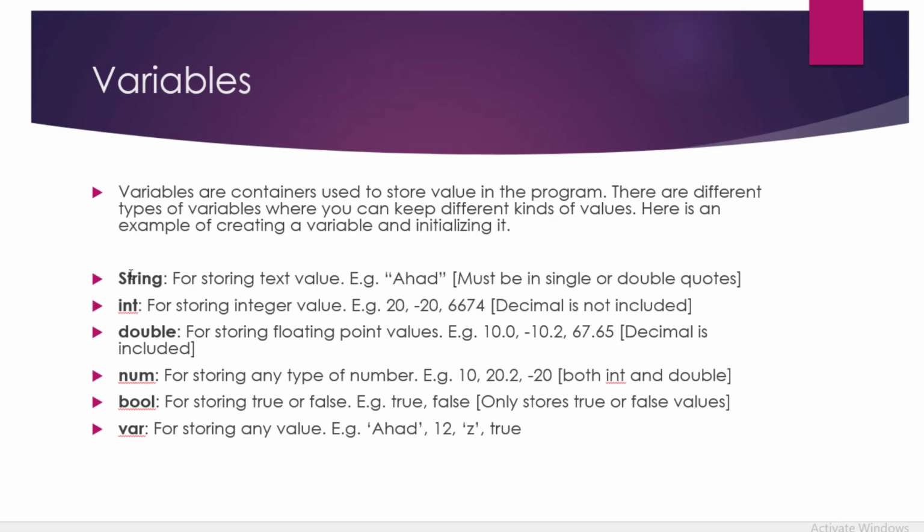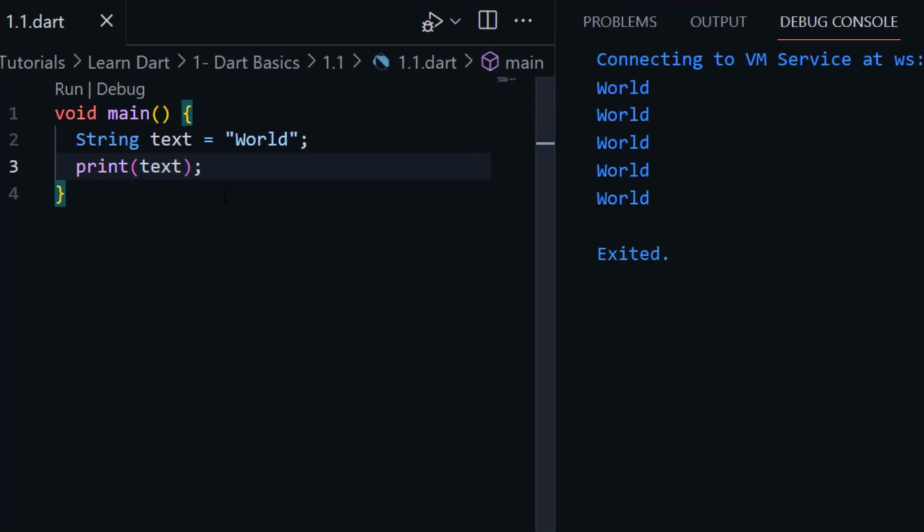there are different types. The first is string, for storing text values, right? Any type of text, you can say text or sentence. Any type of text can be stored in string, and it must be in single or double quotes, right? That is very important, right? Here I used double quotation, right?